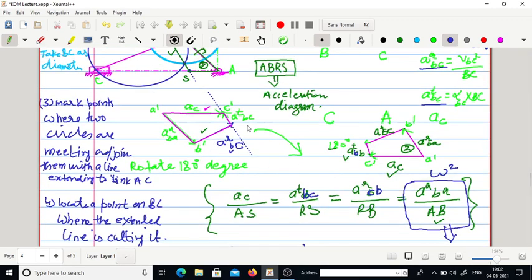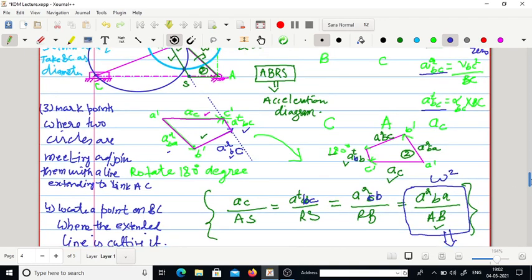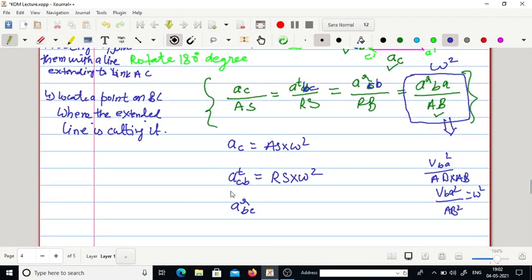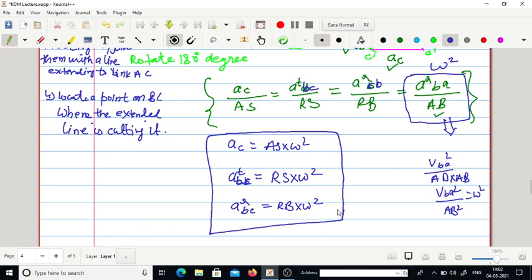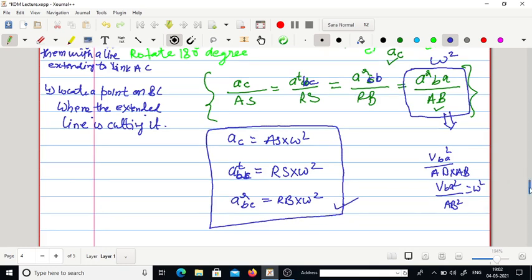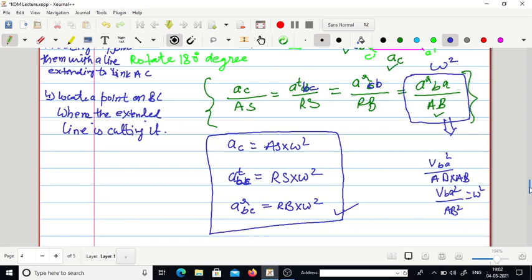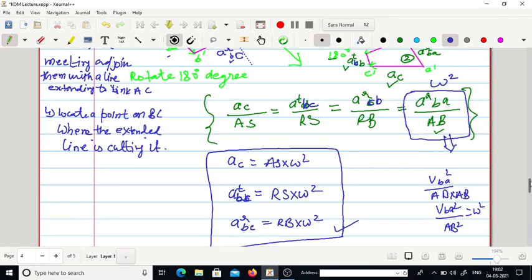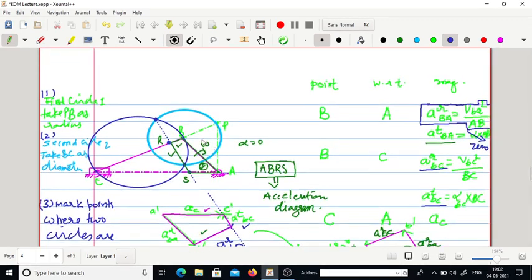We can also calculate the radial component of B with respect to C as RB into omega square. So by using these relationships, we can calculate the acceleration of different points on the slider crank mechanism.